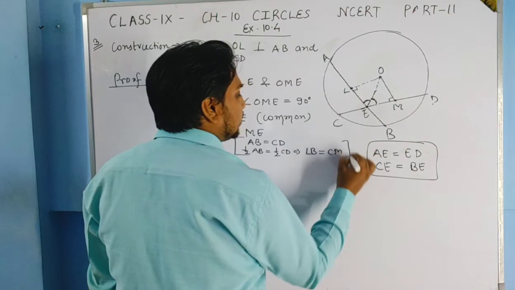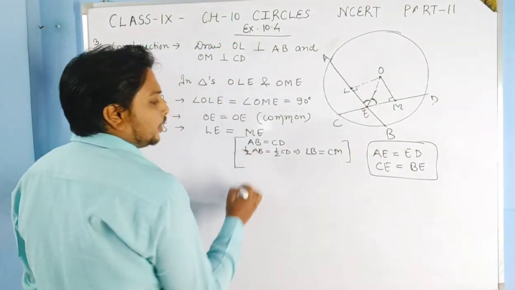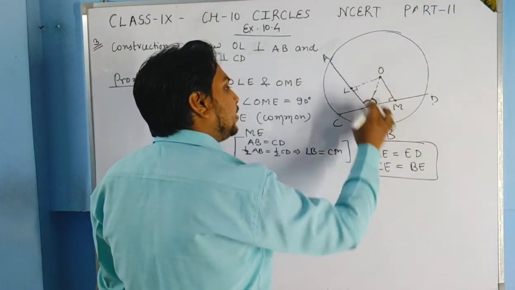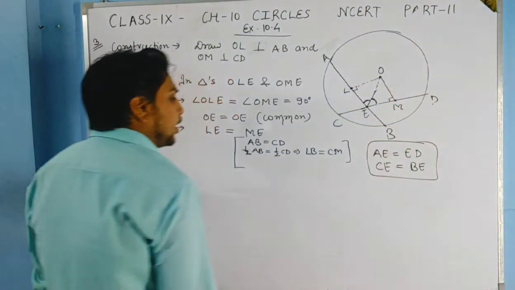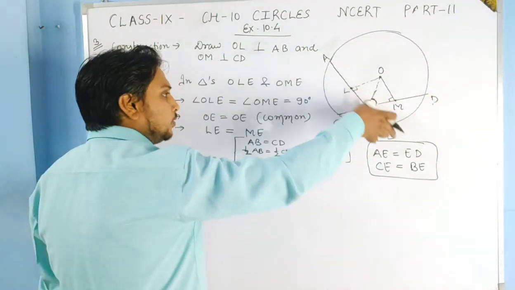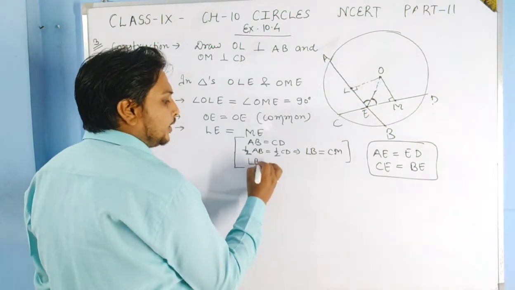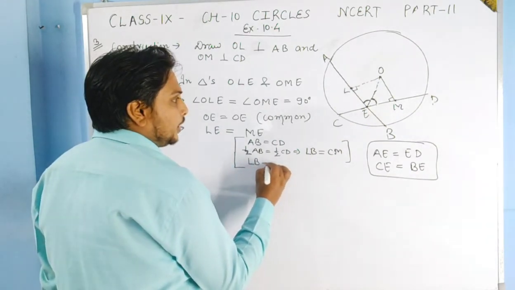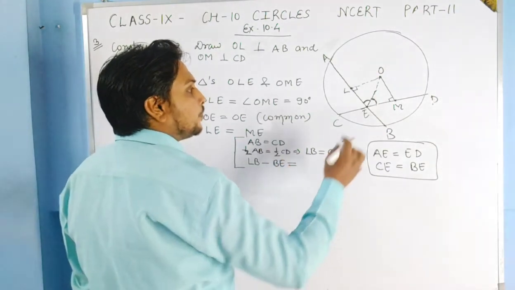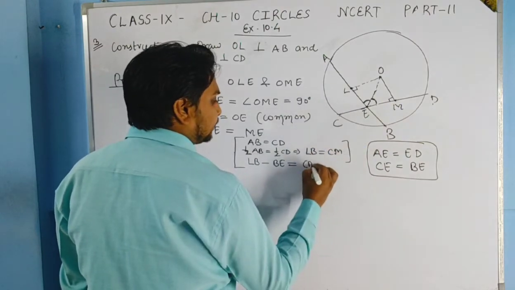Okay, so these are equal. Now if LB is equal to CM, subtract EB from LB. What will you get? LE. Okay, subtract LB minus BE is equal to, from CM you have to subtract CE.